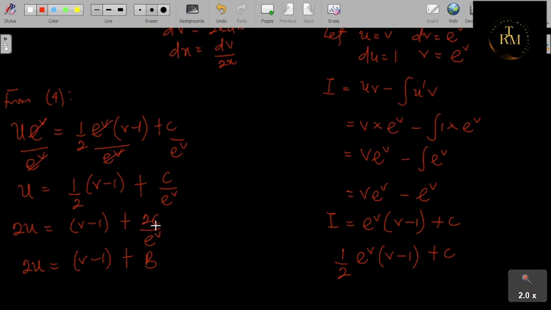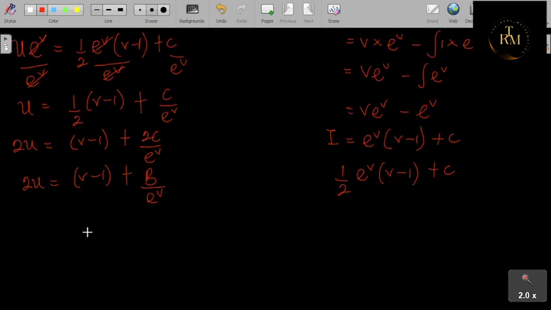So 2c, that'll be b over exponential v. 2c is actually a constant, since c is a constant value, so 2c should also be a constant. I'll replace that with b. So at the end of the day, I'm going to have 2u equals v minus 1 plus b exponential minus v, by taking this up according to the law of indices.